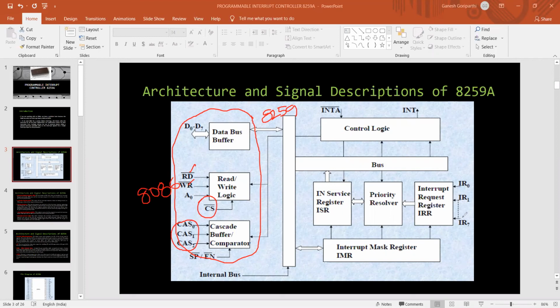And if you observe the things here, first, interrupt request register. What does this do? This collects the interrupt requests from all the devices that I quoted now.